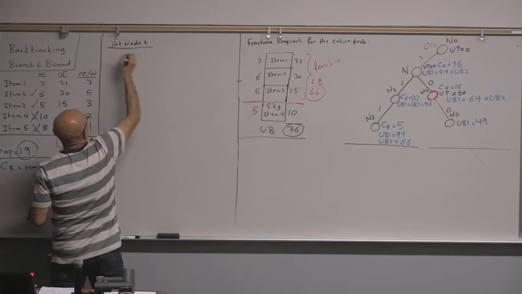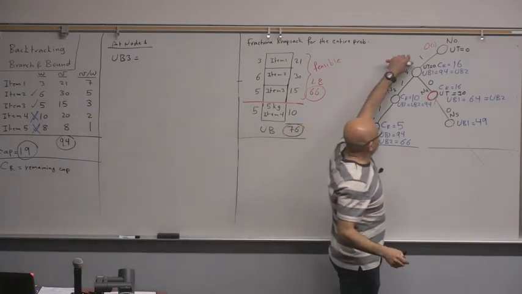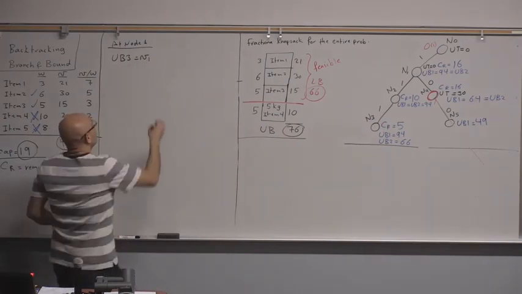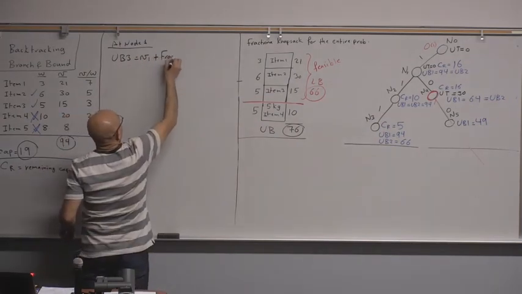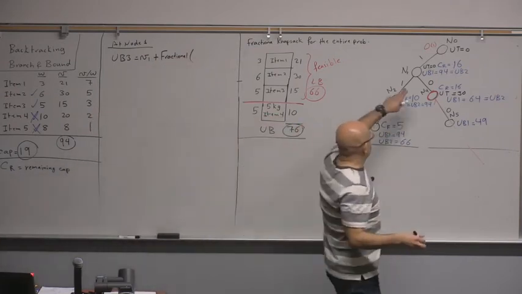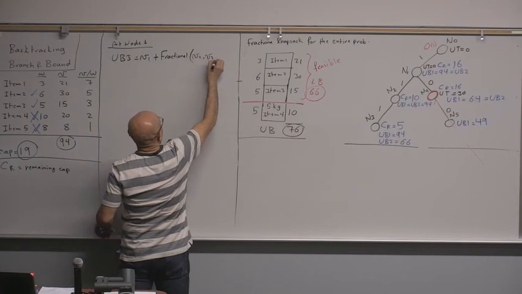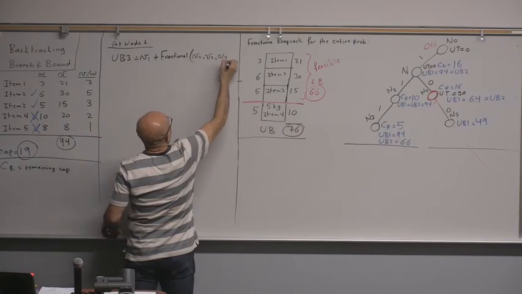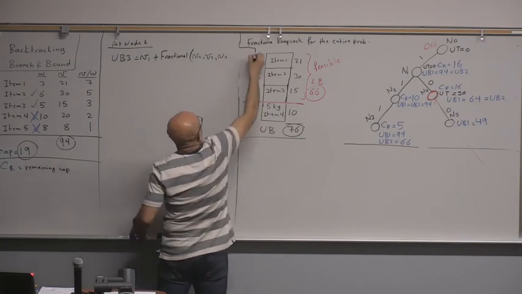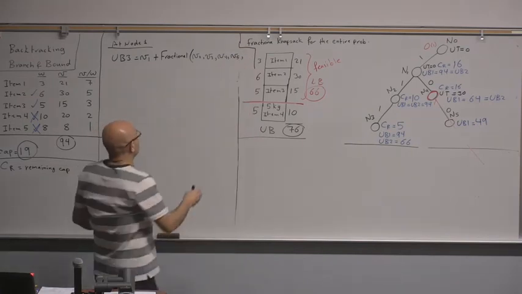At node 1, upper bound 3 will be equal to the value of item 1, because we have decided to take it, plus the fractional value of the remaining items and the remaining capacity. So the remaining items are going to be V2, V3, V4, V5, and the remaining capacity, which is 16.